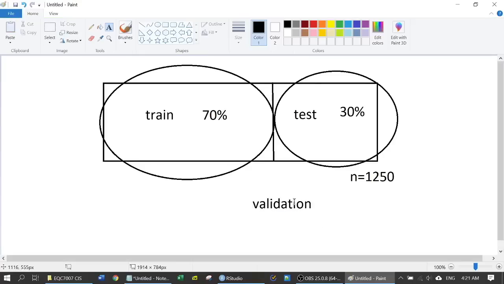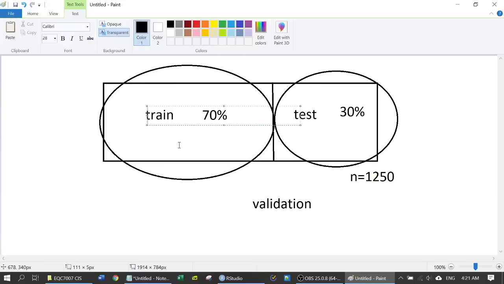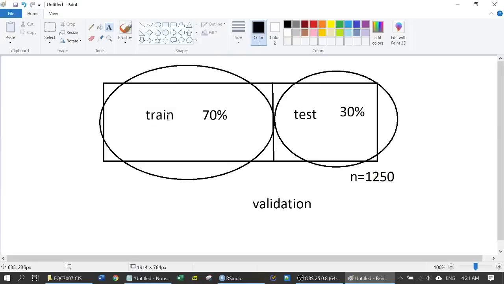When you involve validation, first you have a training data set and you train your model using it. Then you validate and improve your predictive performance using the validation data set. And finally, you use the test data set to test whether your model is doing well or not.